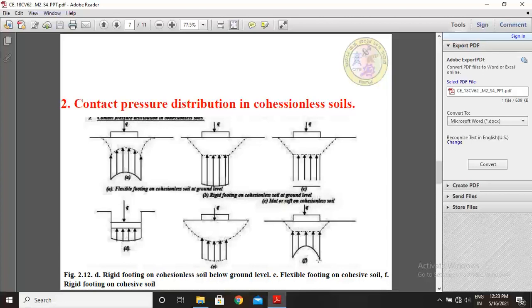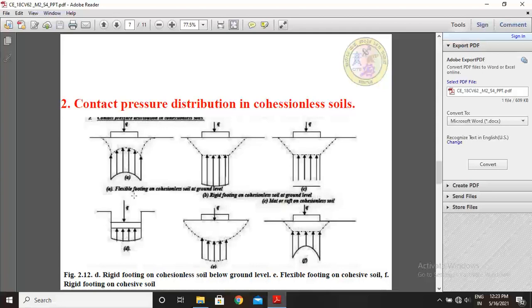These diagrams are explained in detail, and this figure is most important.